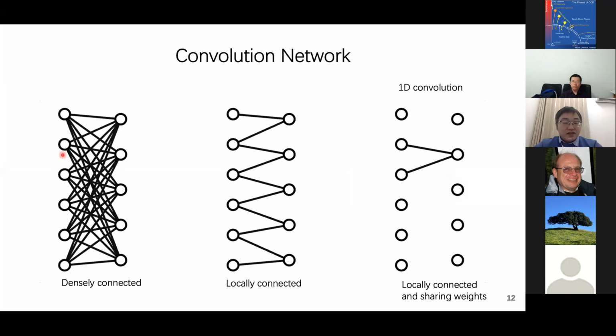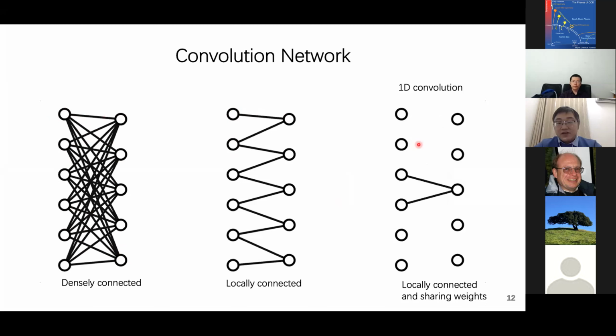However, in this densely connected neural network, each neuron is connected to all the neurons in its previous or next layer. And each link represents one trainable parameter. There are so many parameters, the network is easy to overfit. So one can require that each neuron is only locally connected to several neurons in its previous layer.